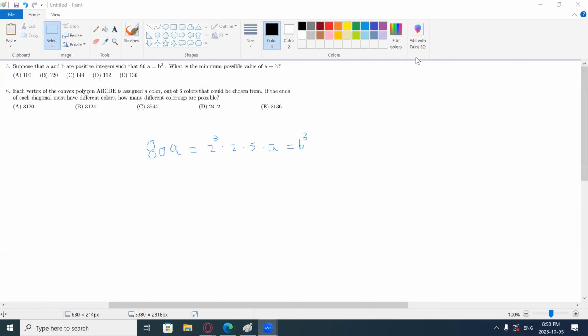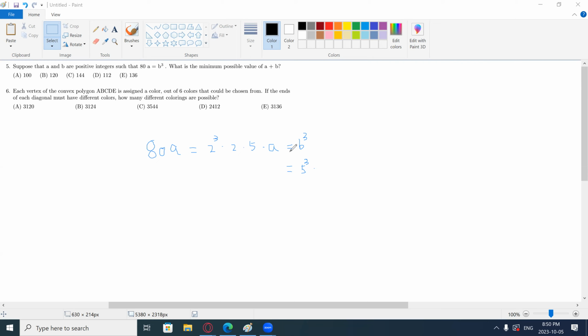And we can figure out that b is divisible by 5, 2, and 4, because in order for b to be divisible by 5, b has to have a factor of 5, and b cubed will have a factor of 5 cubed, because your factor of 5 got cubed in b cubed.